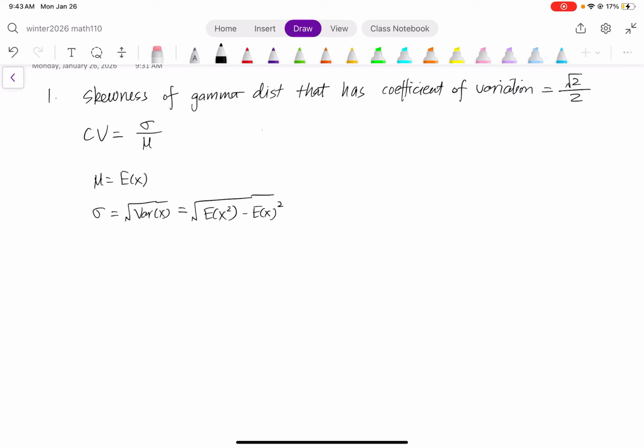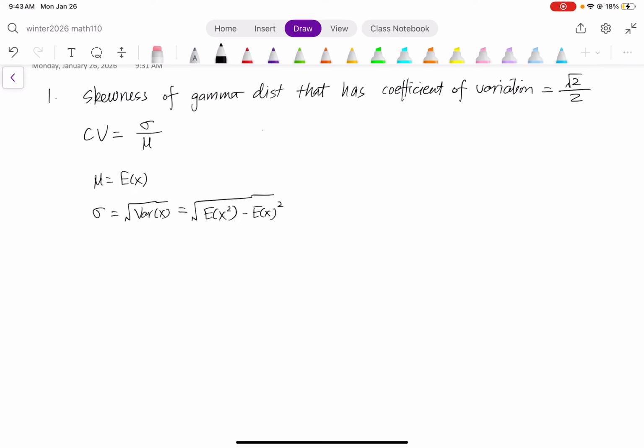If we're able to calculate the first and second moment, we will be able to calculate mu and the standard deviation, and match them with the coefficient of variation. This helps us find alpha. The answer in this case is pretty simple: alpha is 2, but I'm going to go through this.